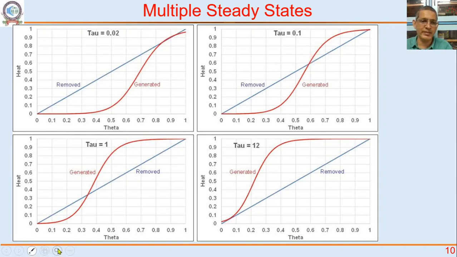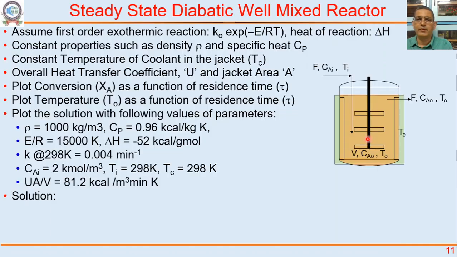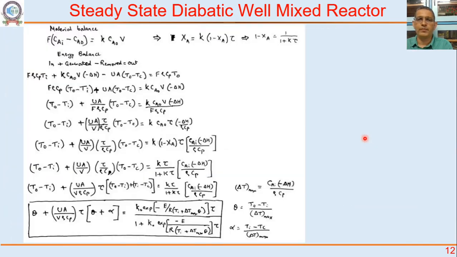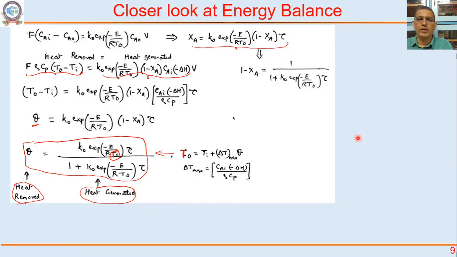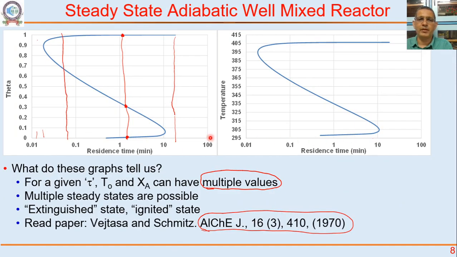So these are the 3 steady states that you get. At high residence time, they intersect only here, only one steady state, 100% conversion.